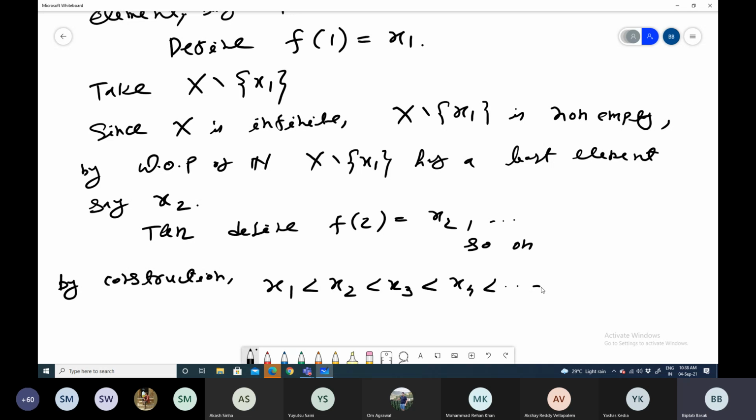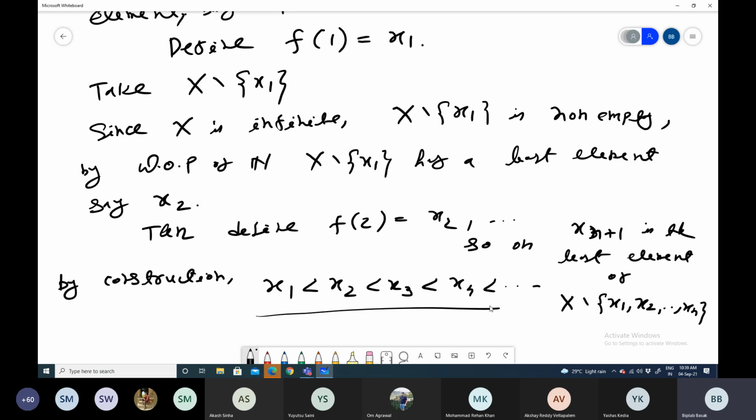Okay, and x3 is the least element of x minus {x1, x2}, and in this way x(n+1) is the least element of x minus {x1, ..., xn}. Okay, so by the construction we have this.